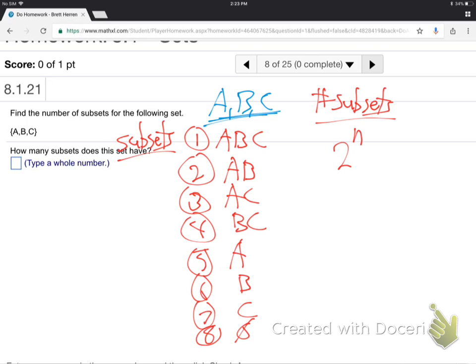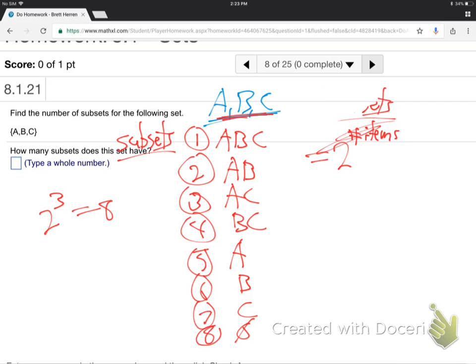It is. It's 2 to the n. Or maybe if that helps, put a number. 2 to the number. Yeah. So in other words, see what I mean? We had 3 items. So if you take 2 to the third, what do you get? 8. You see that? It's always 2 to whatever the number of items. It's 2 to the number of items. Here, let me try this again.